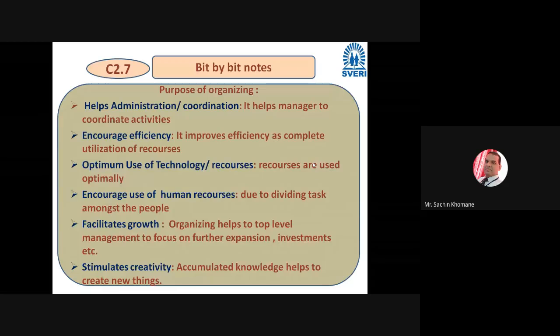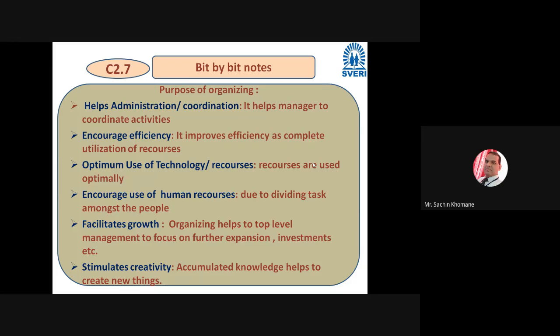Stimulates the creativity means organizing will improve the creativity front. So friends, accumulated knowledge helps to create new things. At the beginning we discussed how the manager groups the tasks by looking at the people. They understand what is required for that particular group.